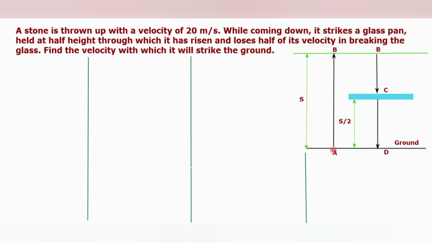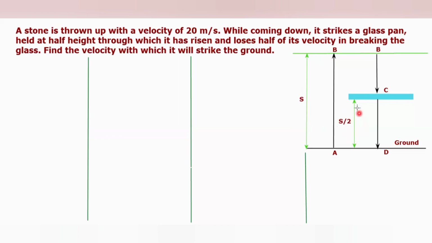But here it is mentioned that when it falls down along its path, exactly at half the height through which it has risen. It means that from the point A to the dead point B, it has risen a height S, and the glass is at half of that height.